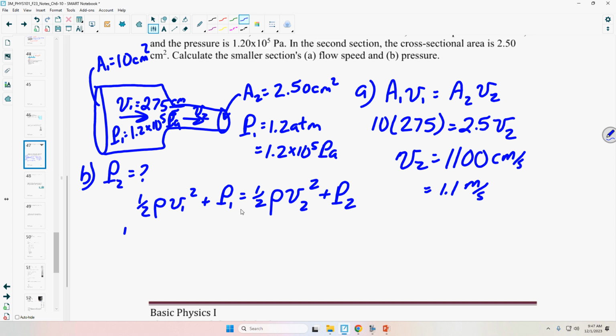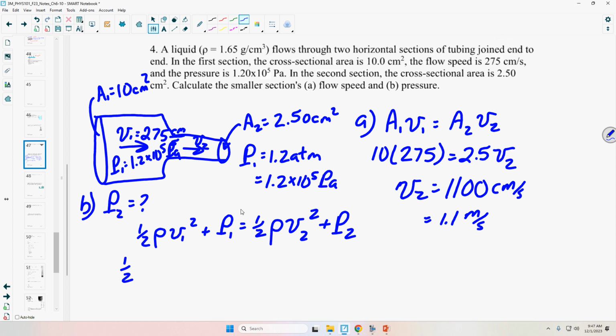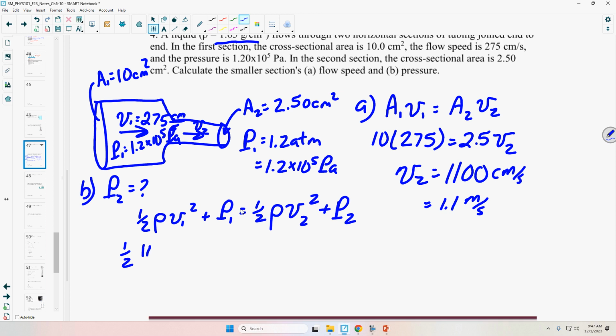I'll go ahead and put in my values here. 1/2 of rho. Rho is given here as 1.65 grams per cubic centimeter. That's 1650 kilograms per cubic meter. That's what your table gives, by the way. Your table gives the density in SI units. The SI unit is kilograms per cubic meter. V1 is 275 centimeters per second.